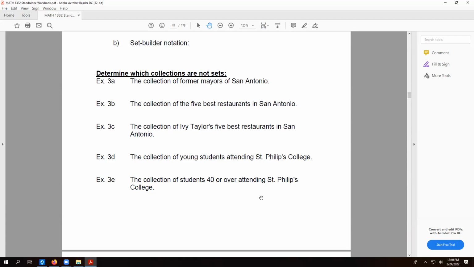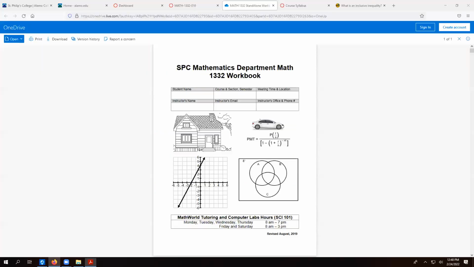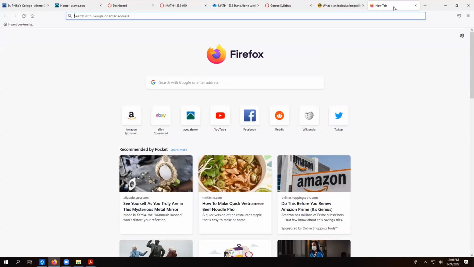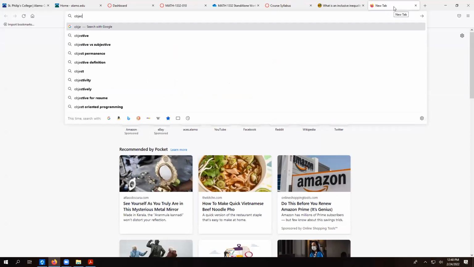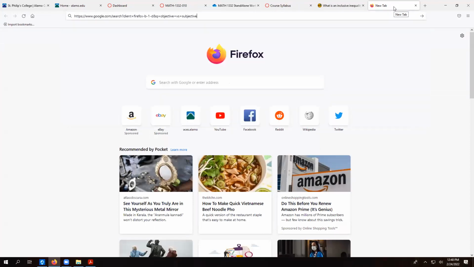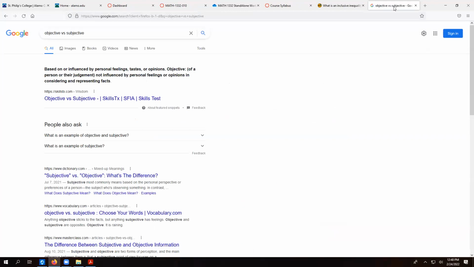It's not objective. You always get those mixed up. Subjective: based on influence or personal feelings, tastes, or opinions. Objective: a person's judgment not influenced by personal feelings.